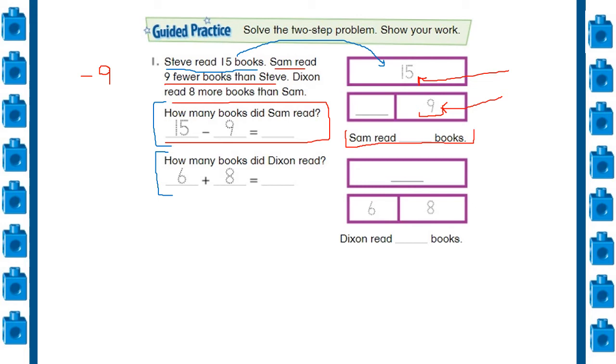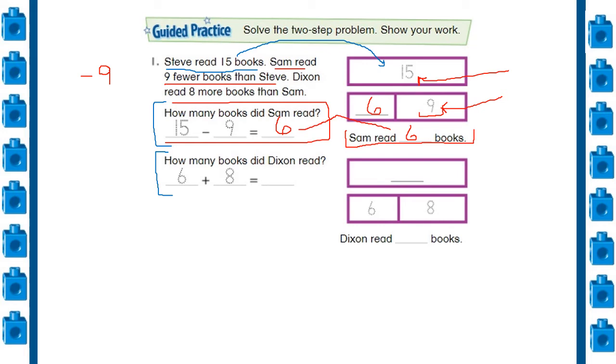If you don't know it, pause it now and figure it out. 15 minus 9 is 6. Sam read 6 books. And you notice we have to put it in all 3 places. 1, 2, 3. Okay, the first half of the problem is finished.